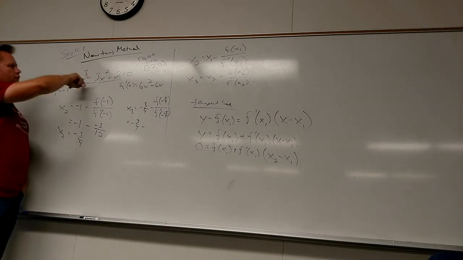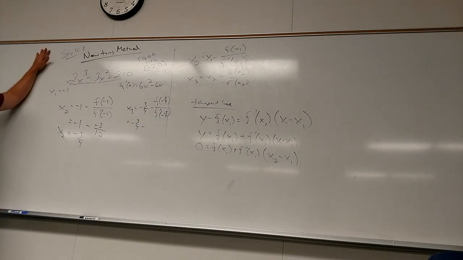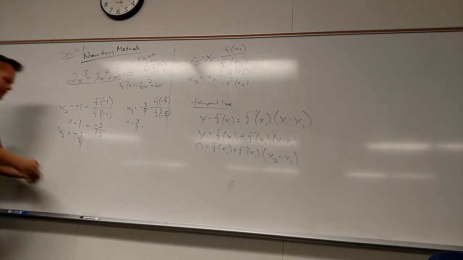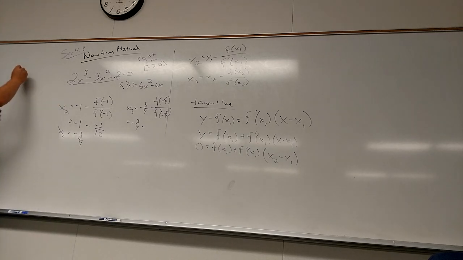So f at -3/4 is going to be particularly gross. Let's see. F at -3/4 will be -3/4 cubed is going to be -27/64 times 2 is -27/32. You guys like that one? We're just cubing and then doubling.